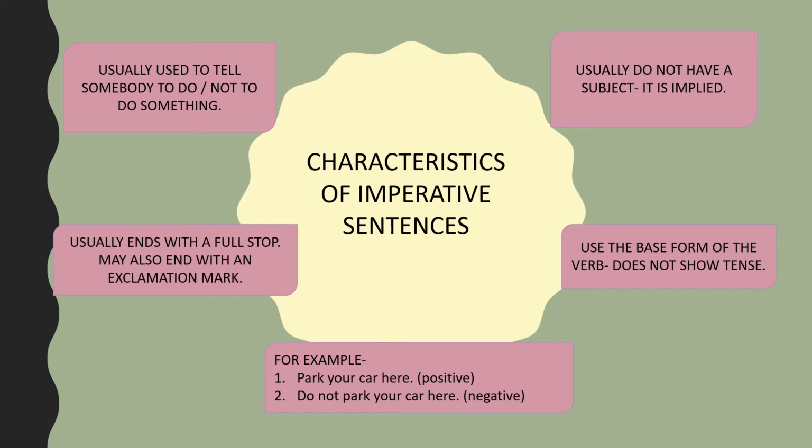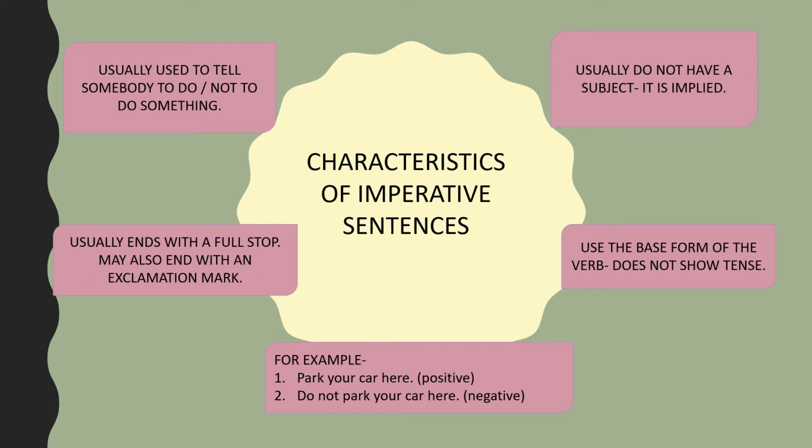Park your car here is a positive sentence and no subject is mentioned. Or we could say, Vinay, park your car here. Then there is a subject. Okay. But generally, we don't have the subject. It is implied. That is the character of the imperative sentence. And another feature you can see to the right, they use the base form of the verb which does not show tense. Very convenient.